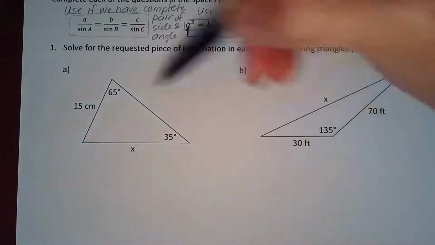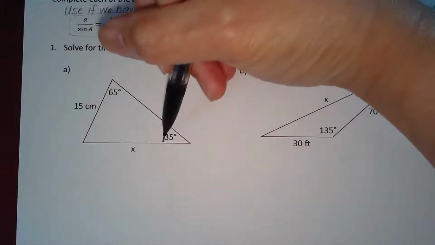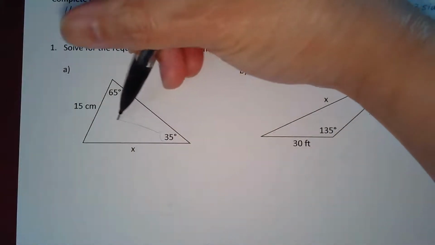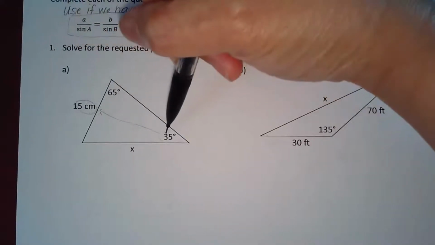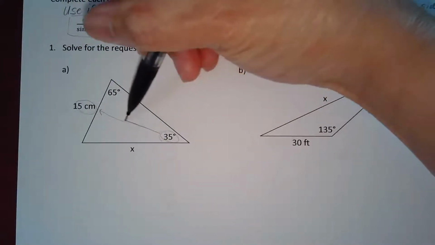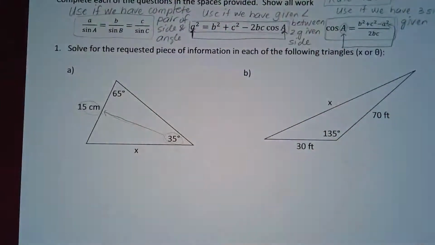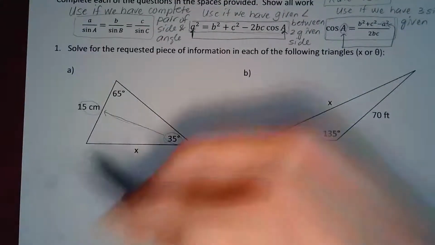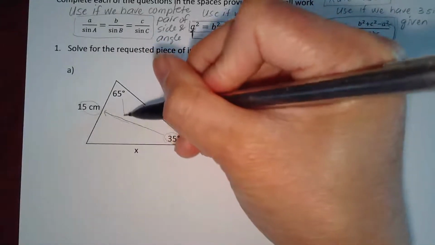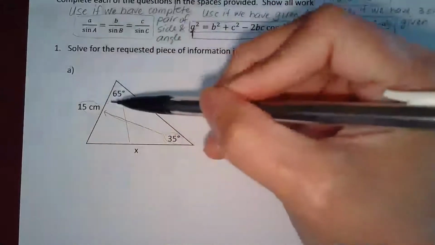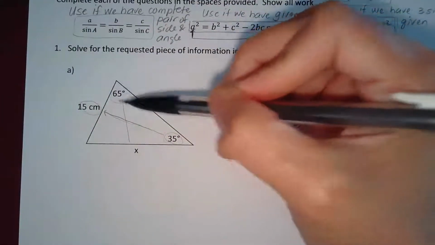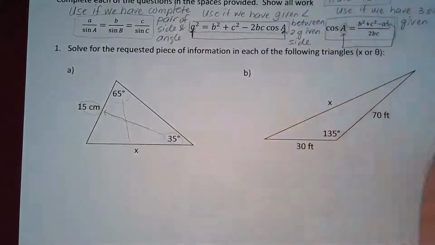Here's my angle, and this is the side that goes along with it. So we got the angle and side pairing right there, and that's the pair. And then this one here is a somewhat complete pair: you got this angle, and then we're looking for a side.